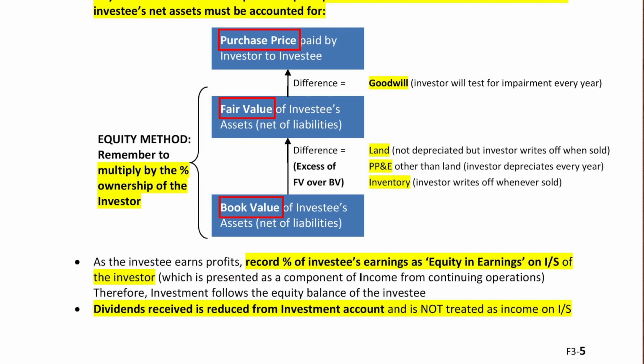As and when the investee earns profits, the investor recognizes income. But when the investee pays out dividends, which are received by the investor, they are not treated as income. Instead, they are reduced from the investment account. To understand all these better, let's look at the example on the next page.